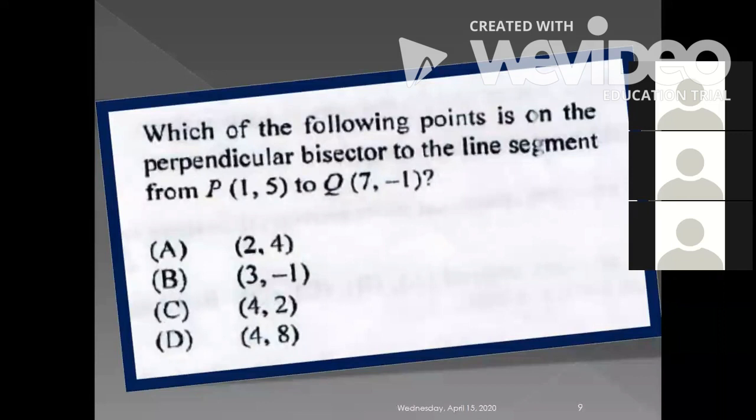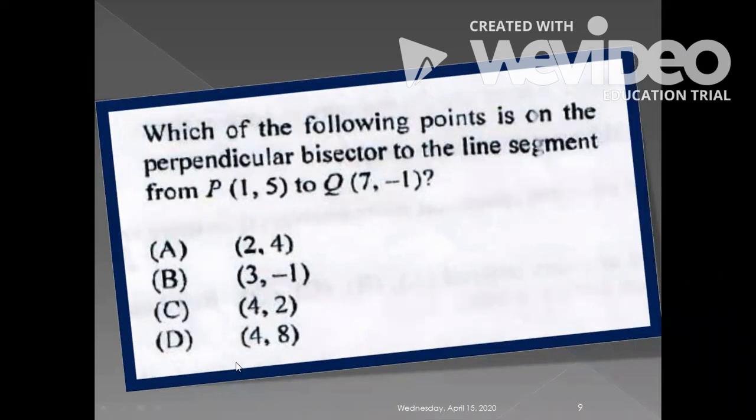All right, so let's look at this question here, right? And this question takes a lot of thought. Give me a second here.